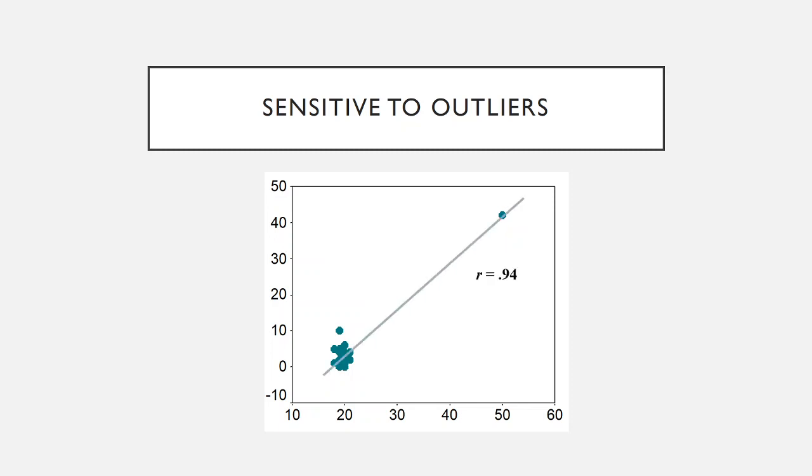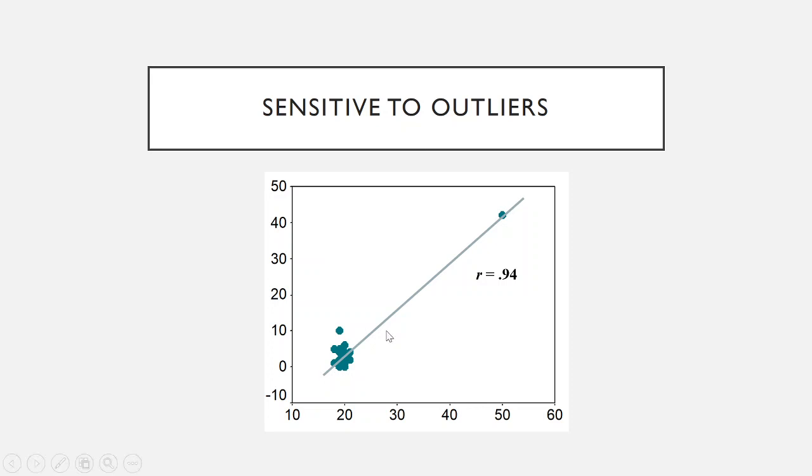So here's an example where you would see data that has an outlier that greatly impacts the strength of the correlation. This particular scatter plot depicts a series of data points down here that look pretty cloud-like in nature, and if you were just looking at those dots, excluding that extreme one up there to the right, there would probably not be a particularly strong correlation.